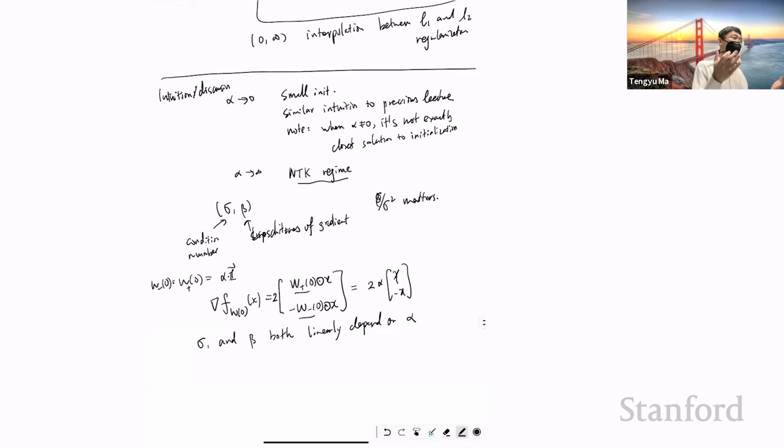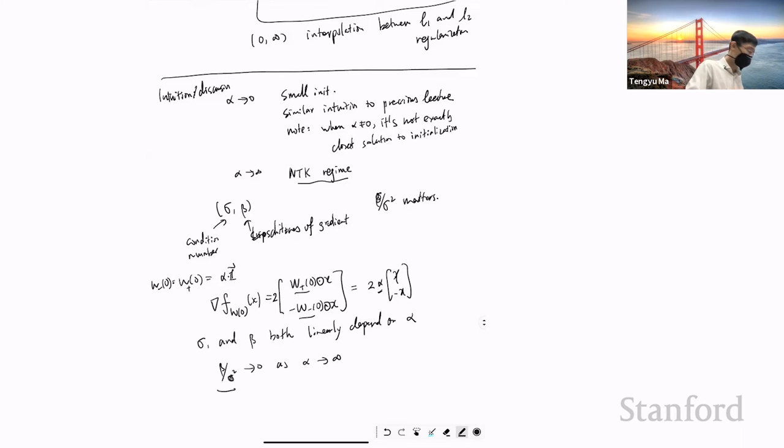Beta is the Lipschitzness, which also scales linearly in alpha, just because alpha is multiplied in front of the gradient. So that's why beta over sigma squared converges to 0 as alpha goes to infinity: in the denominator you have degree 2 dependency on alpha, and in the numerator you have a linear dependency on alpha.